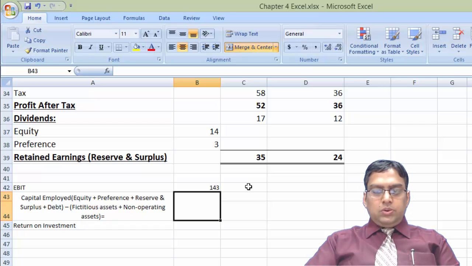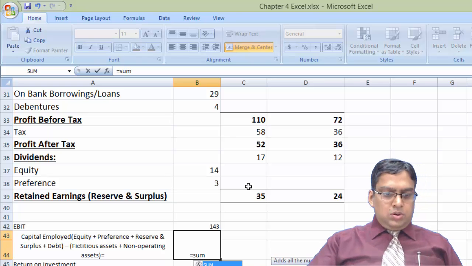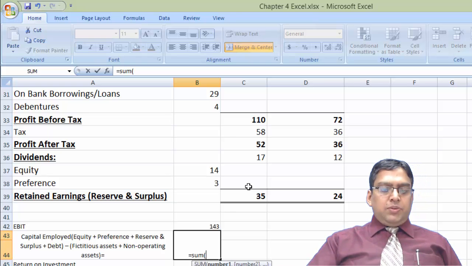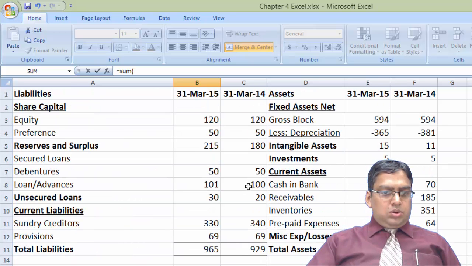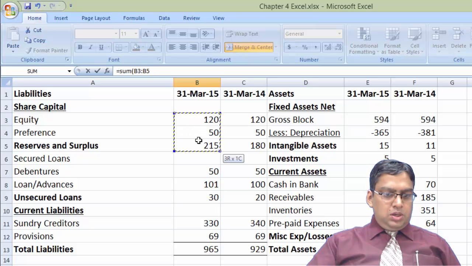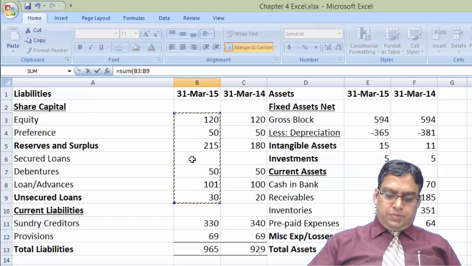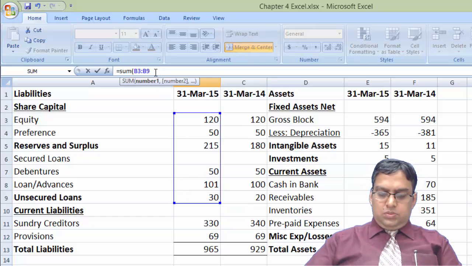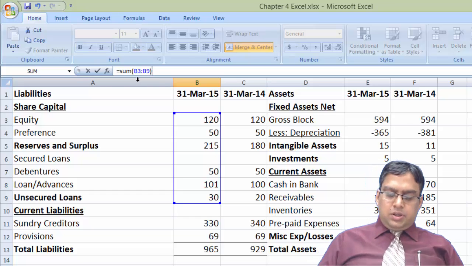and capital employed is equal to the sum of equity plus preference plus reserve and surplus plus debt, that is B3 to B9, minus fictitious asset plus non-operational assets that is not defined in the balance sheet.